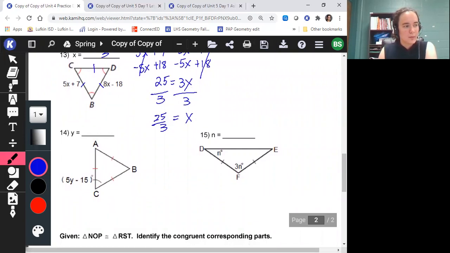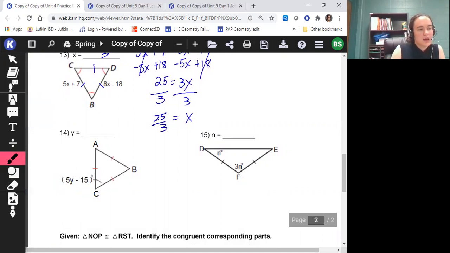Our next one, we want to solve for y, and we have an equilateral triangle. And since we have an equilateral triangle, we know that all of the sides are congruent and all of the angles are congruent. And each one of these angles is 60 degrees.